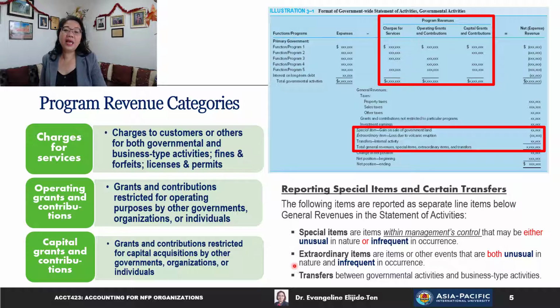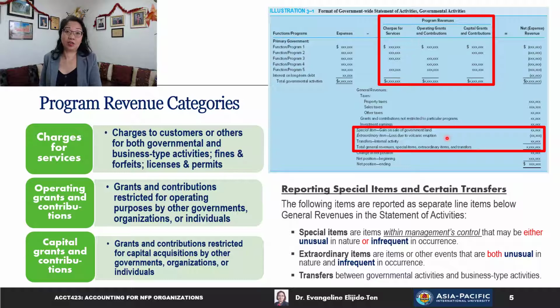Extraordinary items, on the other hand, are items or events that are both unusual and infrequent. An example here is the loss due to volcanic eruption. Notice that volcanic eruption is beyond the control of the management.